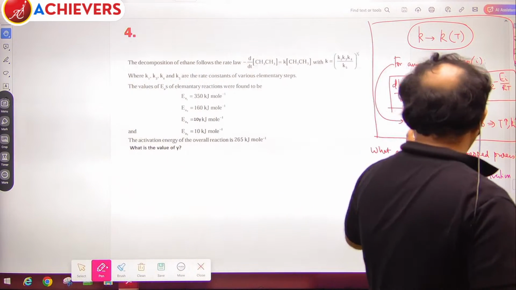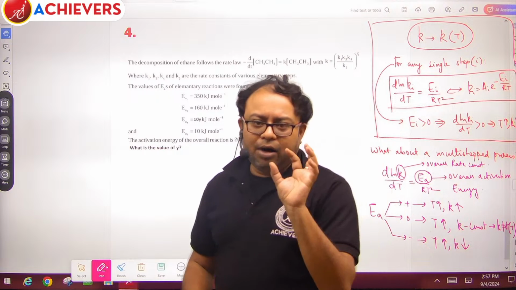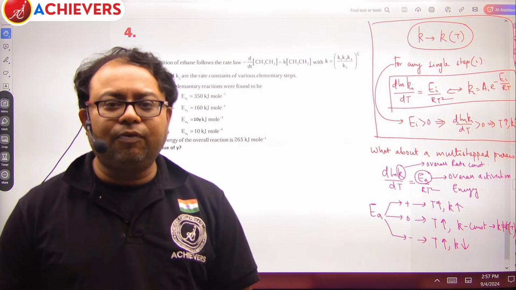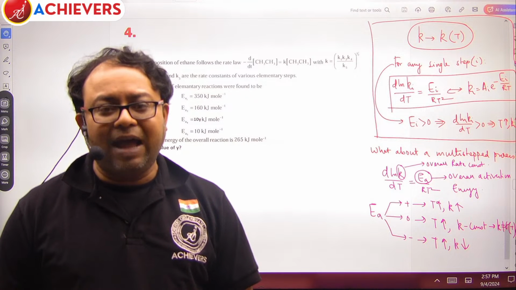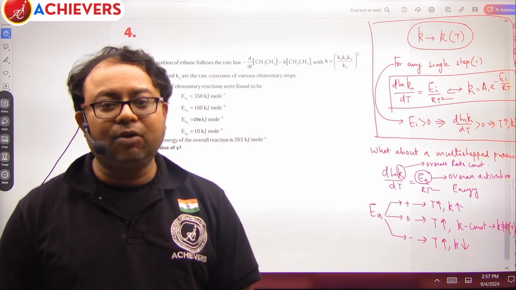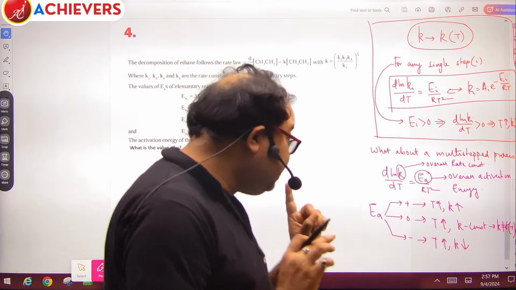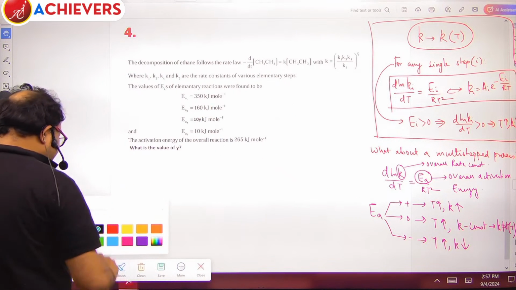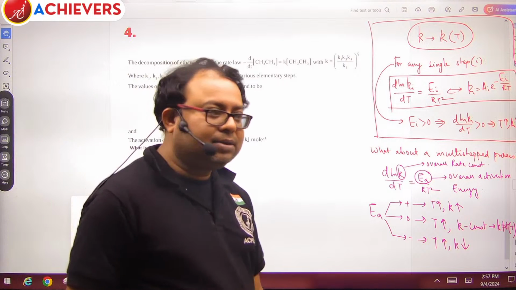Now, if you are given an overall rate constant, how can you find out the value of the overall activation energy? So this is the problem. You have to be aware of two important key facts.